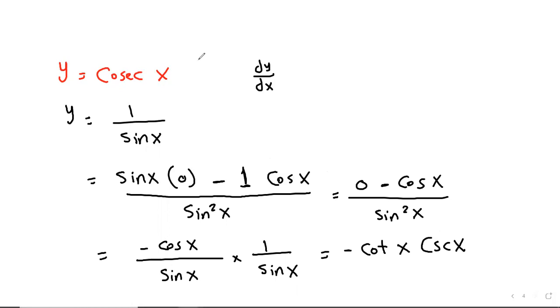So the derivative of y equals cosec x is equal to negative cosec x multiplied by cotan x. The derivative of cosec x is negative cosec x cotan x. Just to remember, write negative and then write the original function cosec x multiplied by cotan x. That's it.